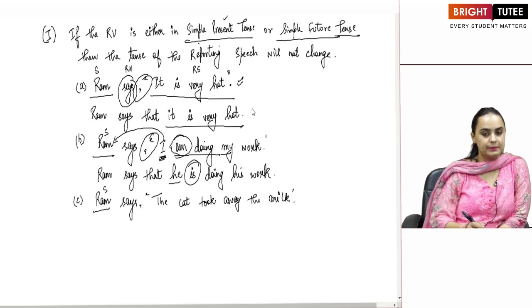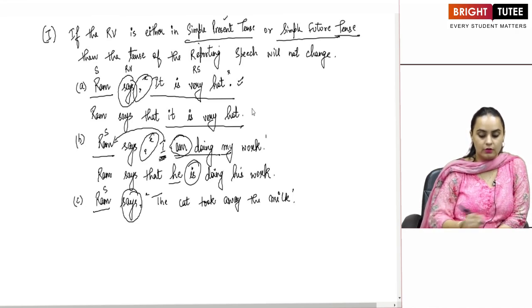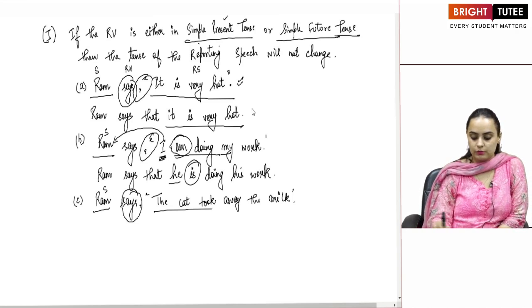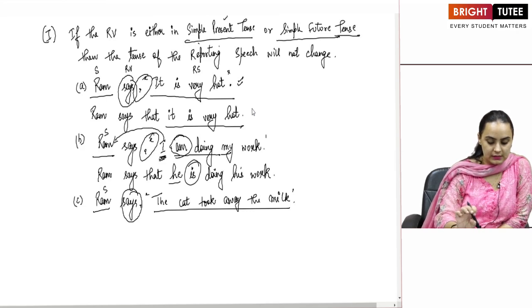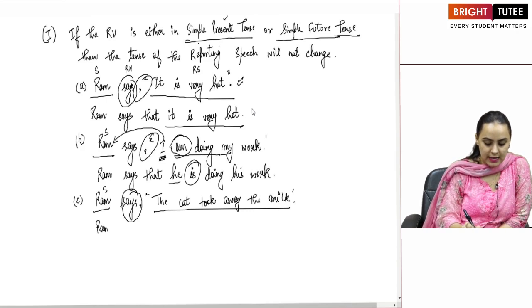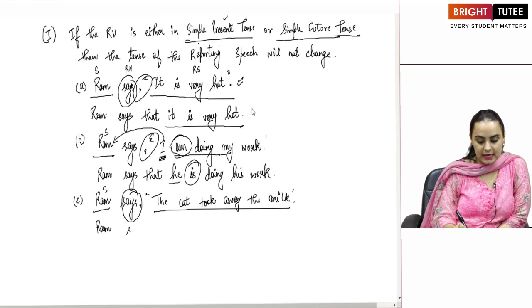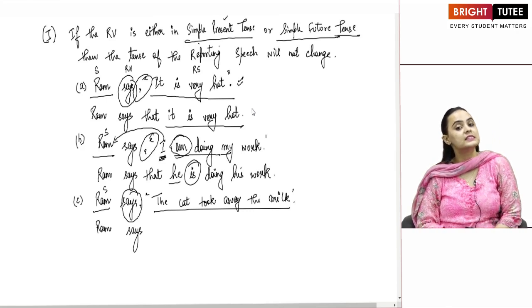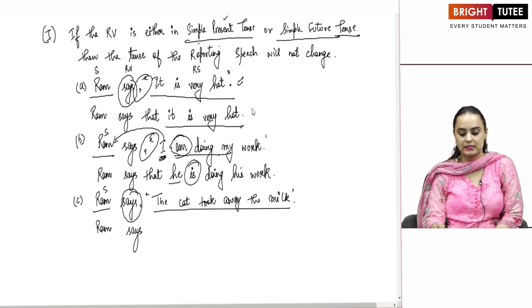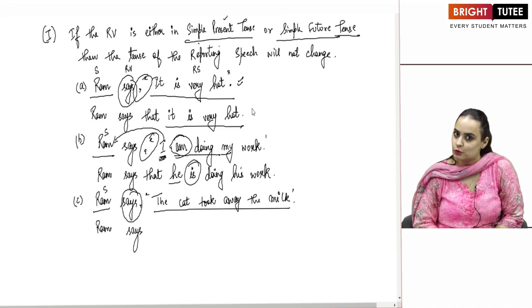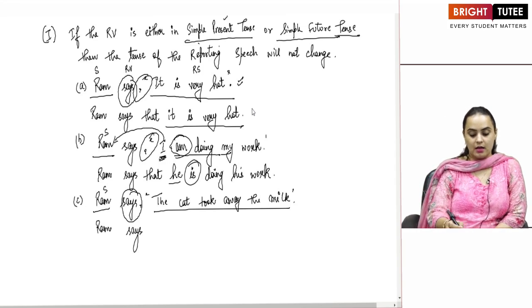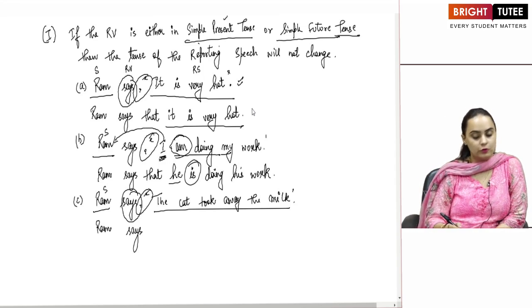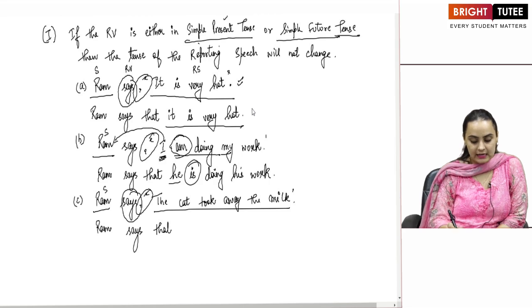Divide speaker, reporting verb and reporting speech. Speaker remains the same. Ram remains as it is. Says remains as it is. And since my reporting verb is in the simple present tense, the tense for reporting speech also remains the same. We remove the commas and we write that.